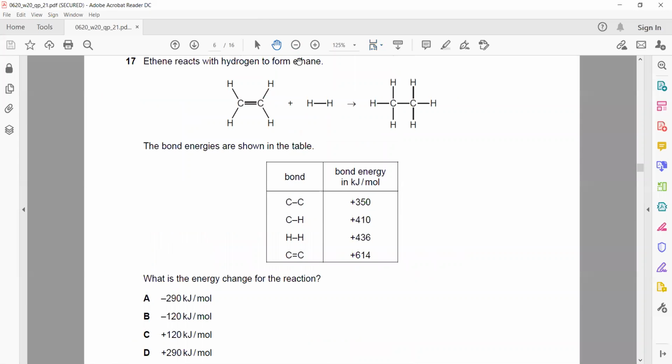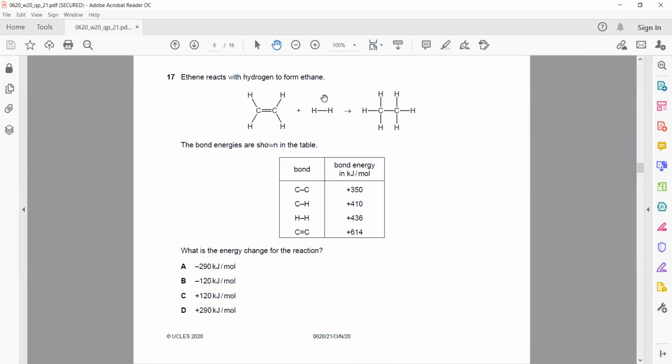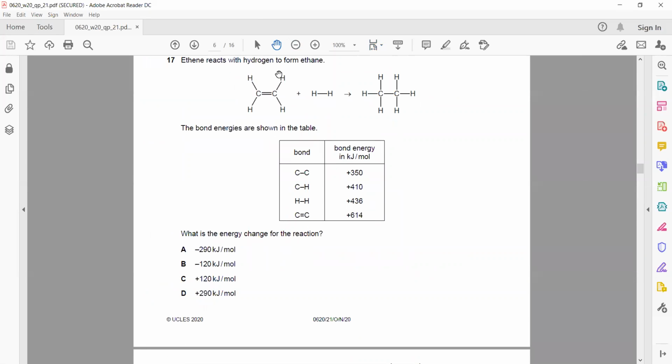Question 17. Ethene reacts with hydrogen to form ethane. The bond energies are shown. What is the energy change for the reaction? What you have to do is find the bond breaking energy and then the bond forming energy. So you have to calculate this.